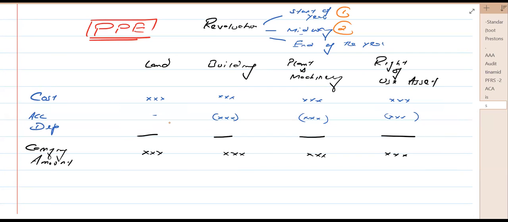And if it is done at the end of the year, then you need to charge the complete depreciation for the year, and once you get the carrying amount at the year end, you can compare it with the fair values. So make sure you are looking at these three different scenarios within an exam question.